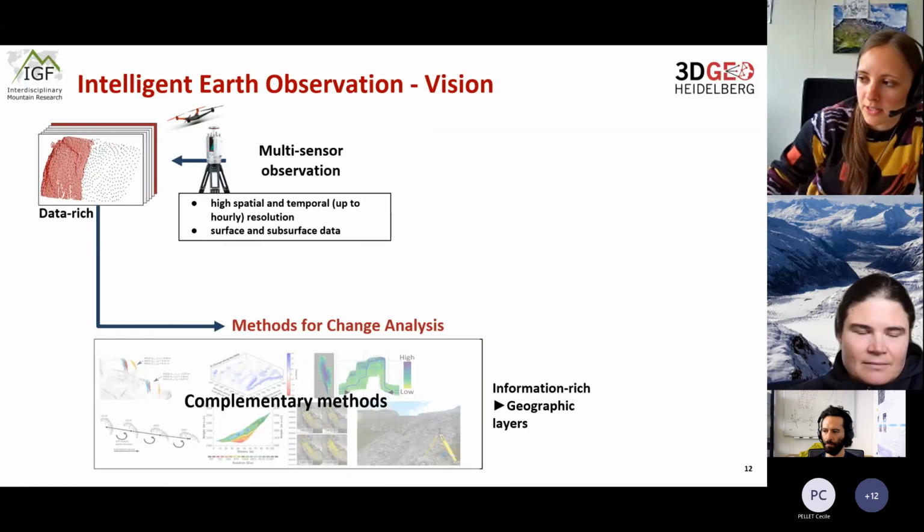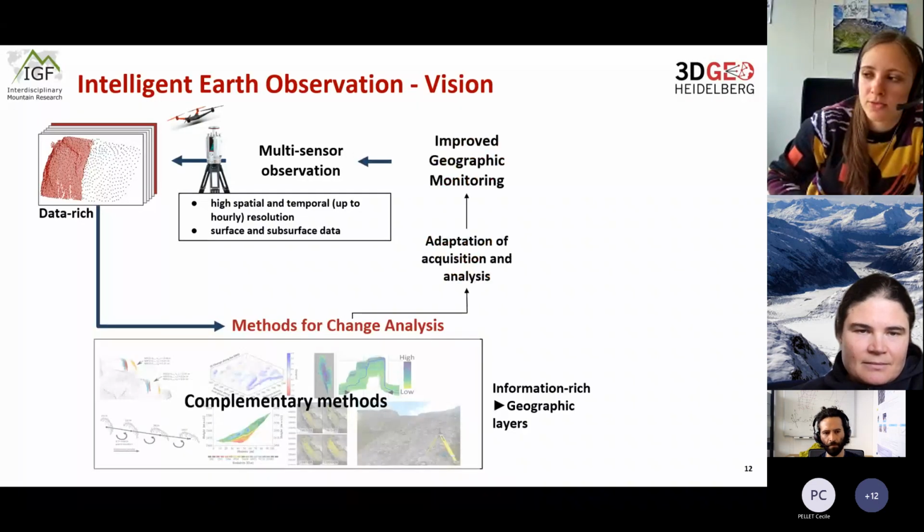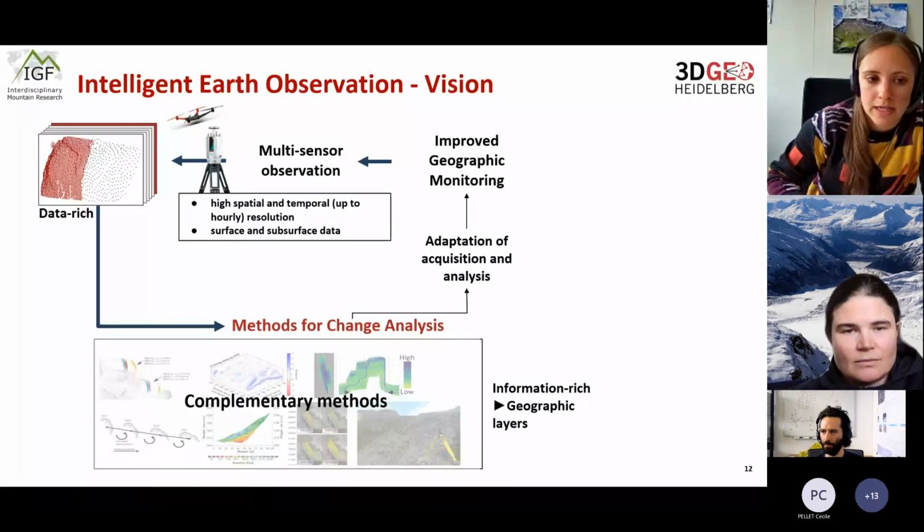And using this change information from existing data might also help us to adapt our future acquisitions and also the analysis. So maybe we find areas that are more active that we might have to monitor more frequently, or areas that only experience rather small changes that we have to monitor in higher spatial detail in order to derive some change information.